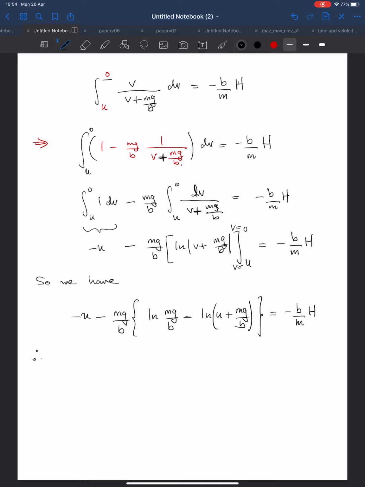Therefore, max height h is simply this formula rearranged. H equals m. I'm now dividing by minus b over m, so I have m u over b.